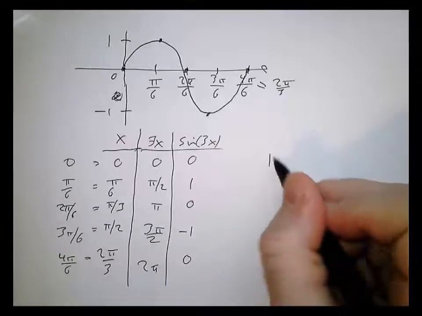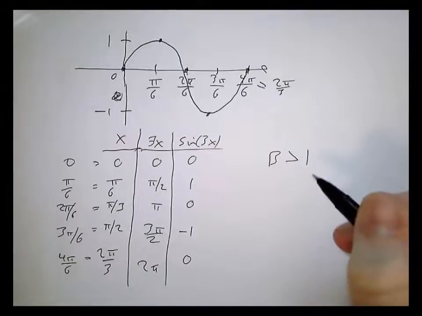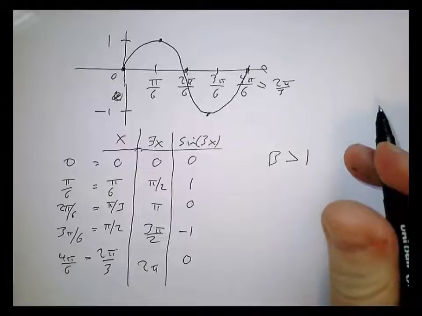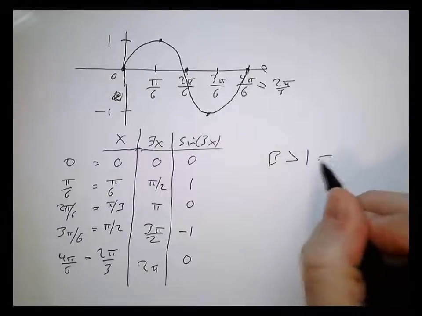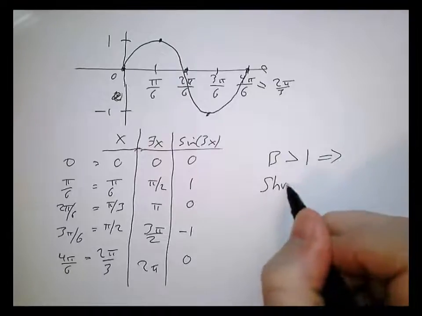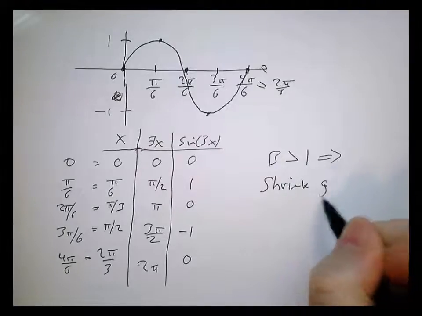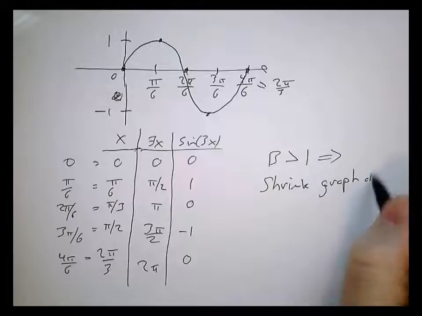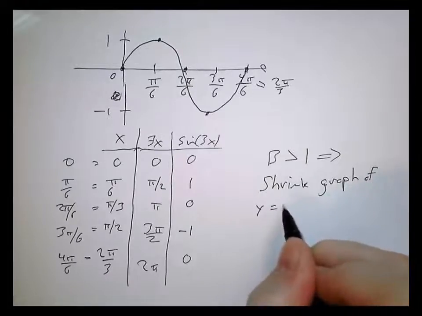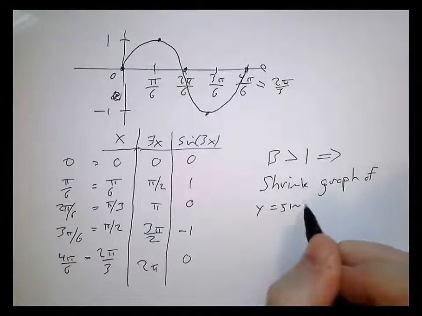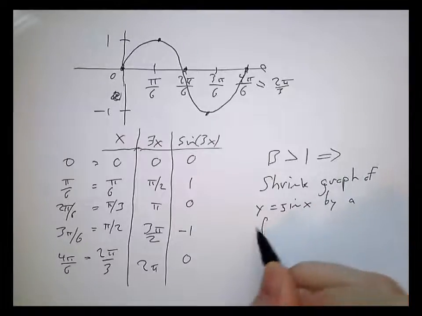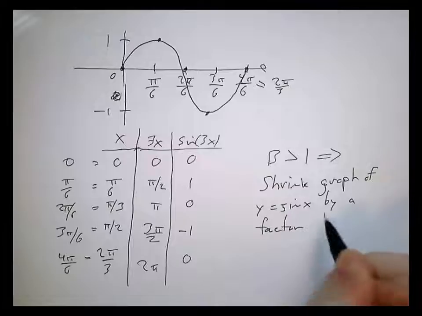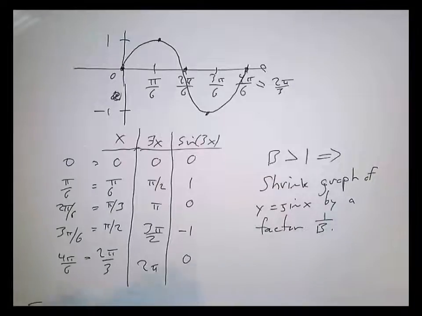And in general, if b is bigger than 1, we're going to shrink by a factor 1 over b. So if b is bigger than 1, we want to shrink the graph of y equals sine of x by a factor 1 over b.